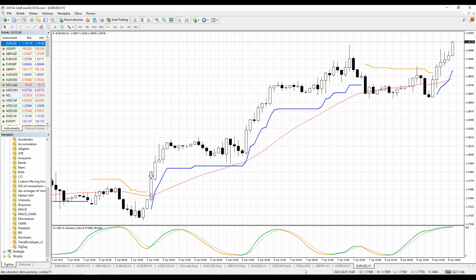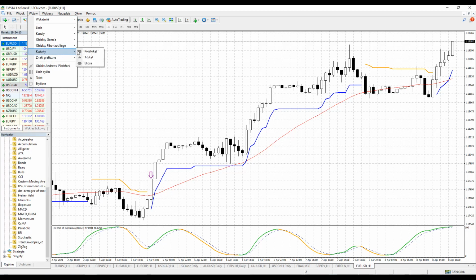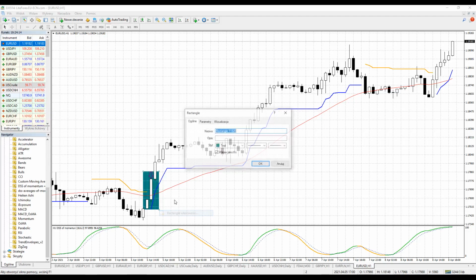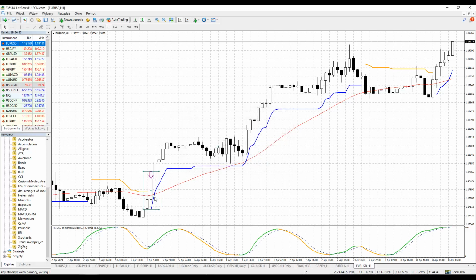Once we close through the orange line, look, we change from the orange to the blue rising line. That's quite a significant development. So that's the number one very important point.